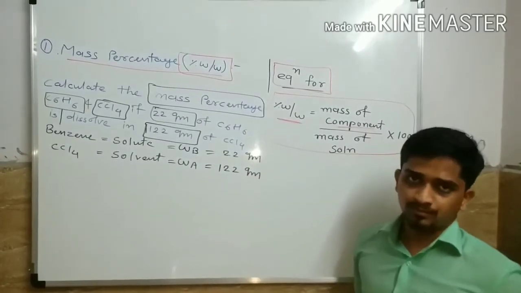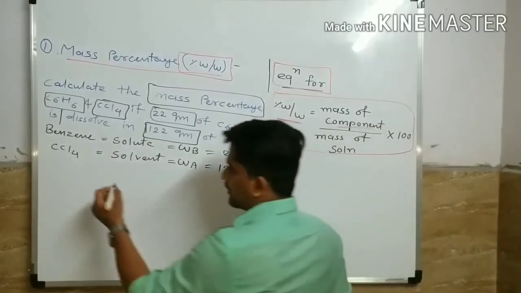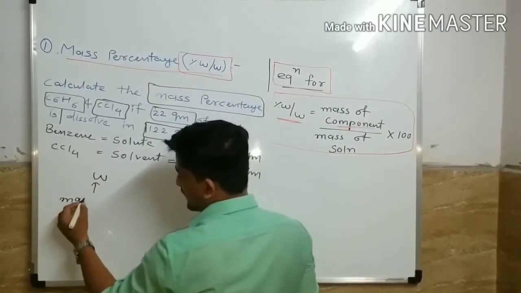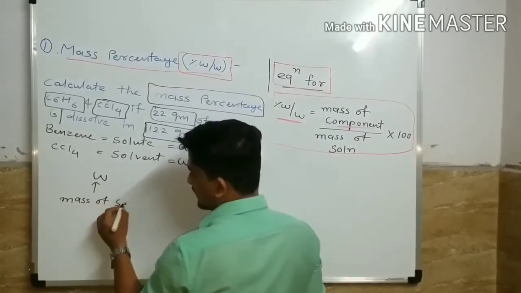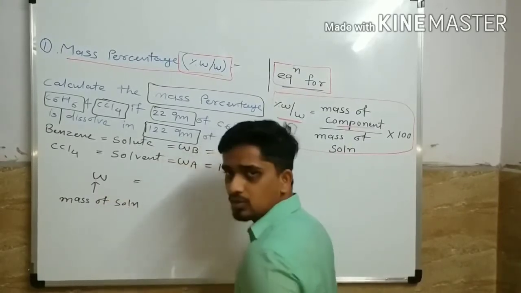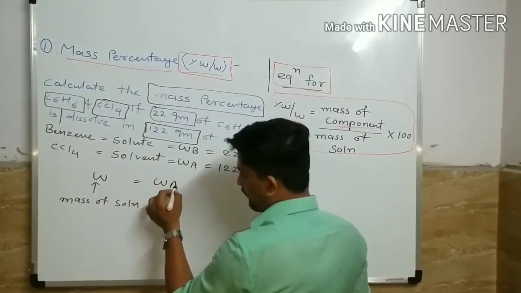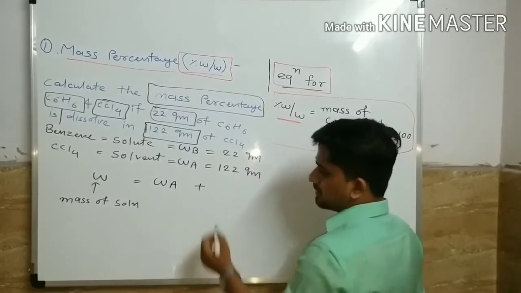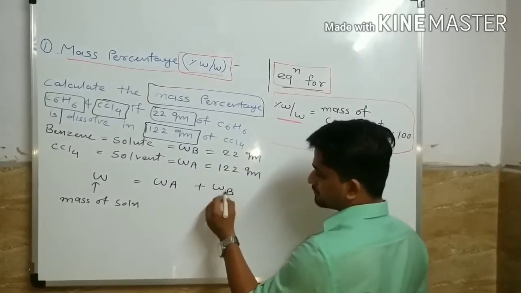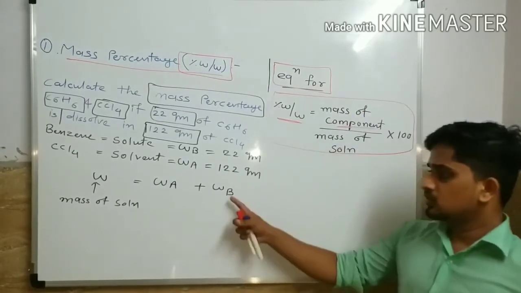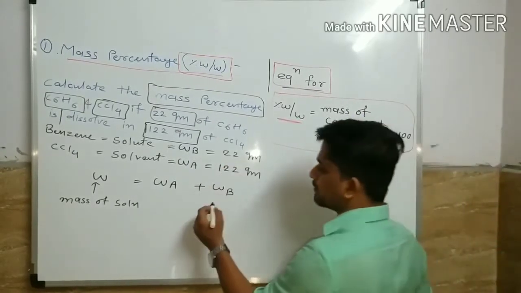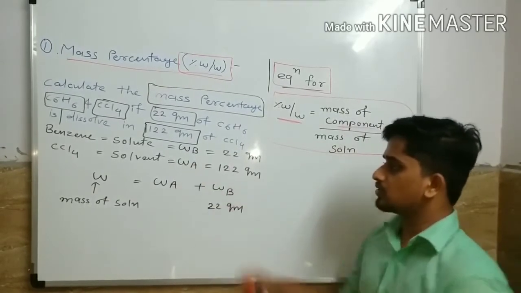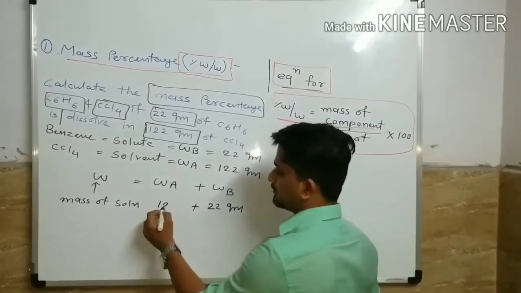Okay, and we already studied that mass of a solution is equal to the sum of mass of the solvent plus mass of the solute. Solute mass is given, 22 gram. WA is also given, plus 122.